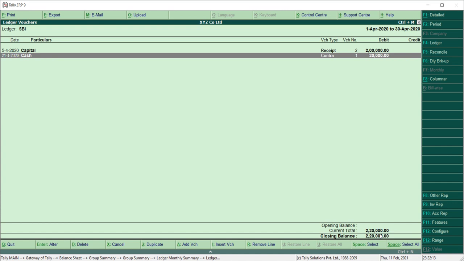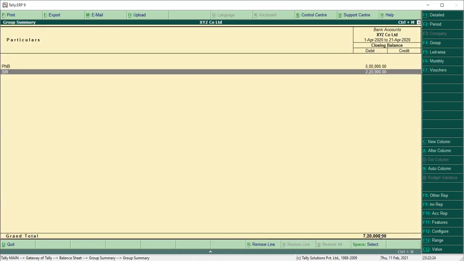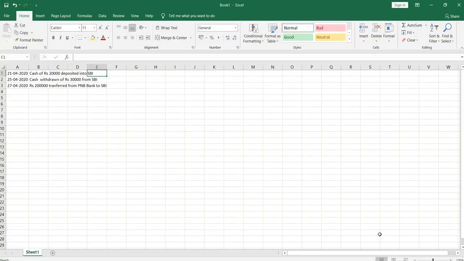So what is happening here? Only the amount is changing within the current assets. When we deposit cash, the bank will increase. When we withdraw cash, the bank will decrease. So let's go to the second entry. We're going to withdraw cash of rupees 30,000 from SBI on 25th of April.